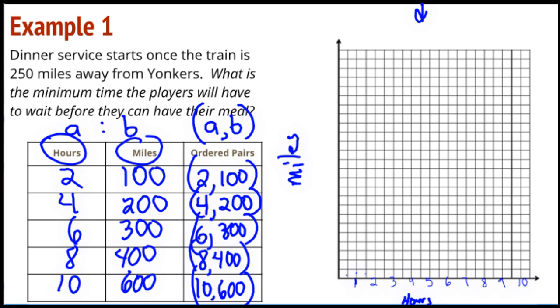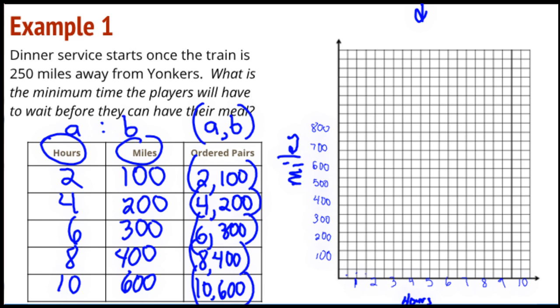Now the miles I'm counting up by hundreds. Well, I'm going to do 2 lines is 100, and 2 more lines is 200, and 2 more lines is 300, and 2 more lines is 400, and 2 more lines is 500, and 2 more lines is 600, and 2 more lines is 700, and 2 more lines is 800. And I could go all the way up to the top here.